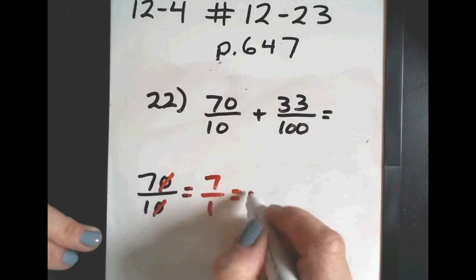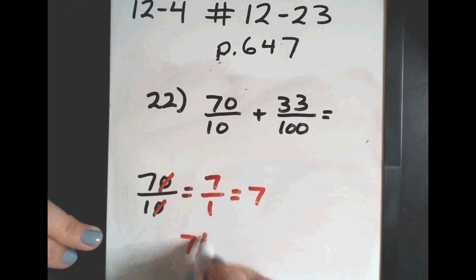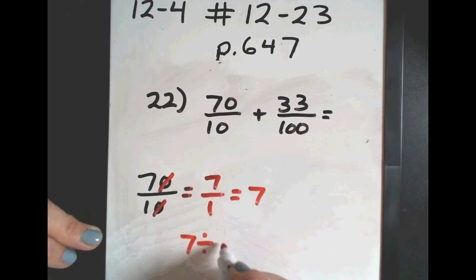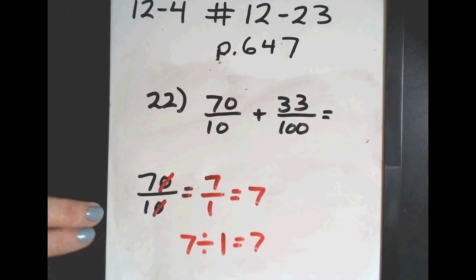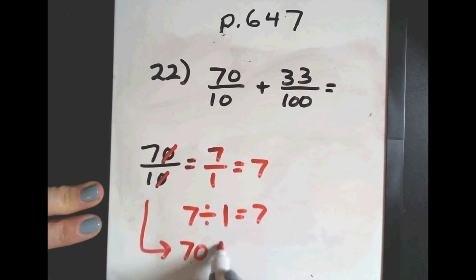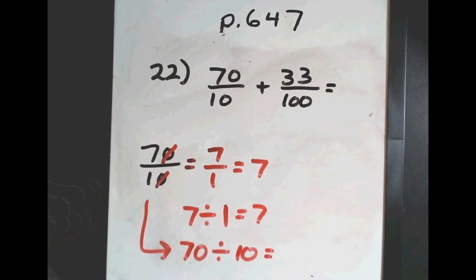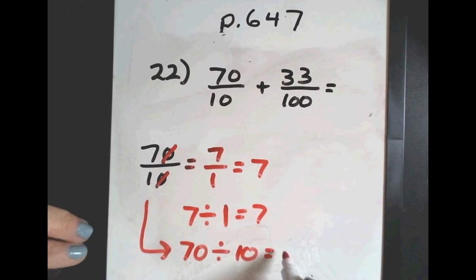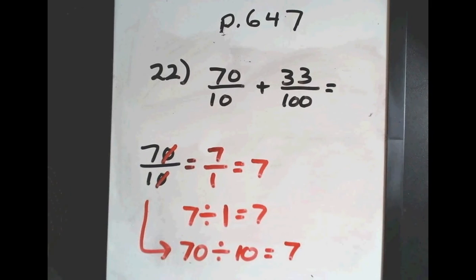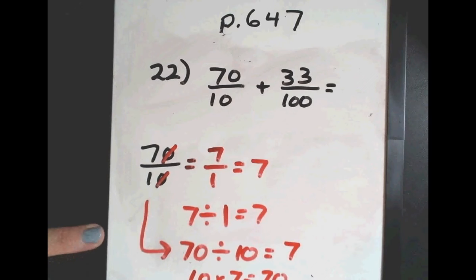And we know when the denominator is 1, the answer is just the numerator. So you can also read this as 7 divided by 1, which is also 7. Or you could have done this, 70 divided by 10. So 70 divided by 10 is also 7, because if I do 10 times 7, I get 70.